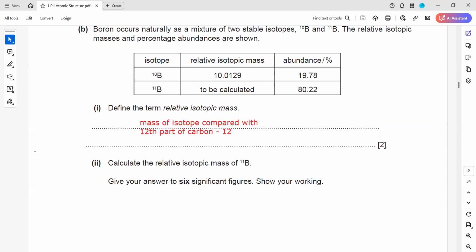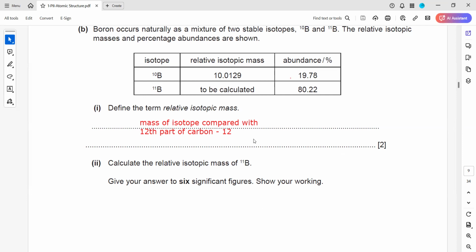The next is the relative isotopic mass of boron 11. We need it; their abundances are given. So how can it be done?